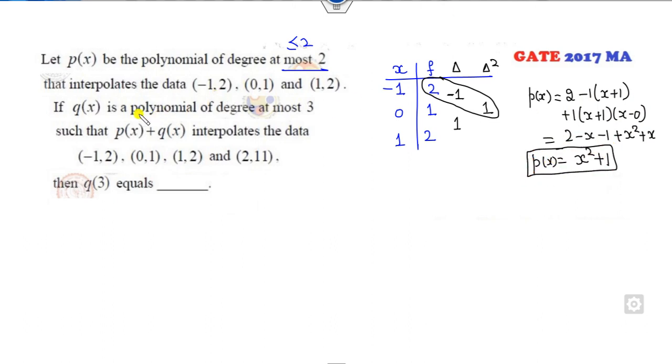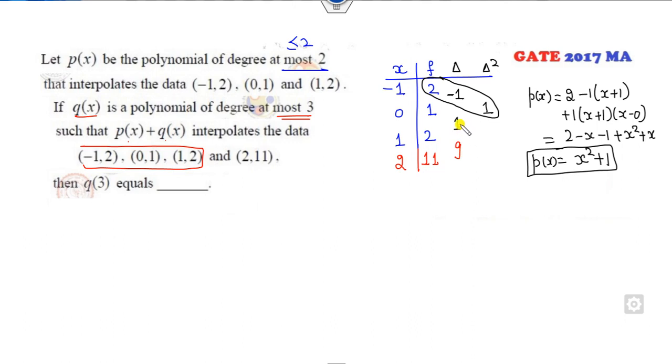Now the next part is Q(x) is any polynomial of degree at most 3, such that P plus Q interpolates this one. So I have to make this table, but if you closely look, these values are the same. So I have to add this new value here so that I can save your time. So I can compute this table. It's 9 divided by 1, 9.